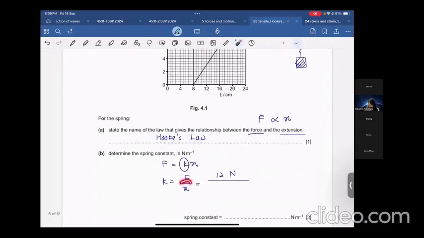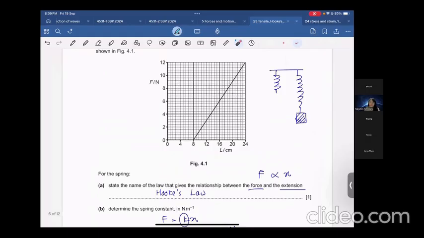X is extension. How much is extended? Boys and girls, teacher, why are you not starting from 0? It's because this is length. Without any load, we already have the length. This is the original length, my length is 8 cm.